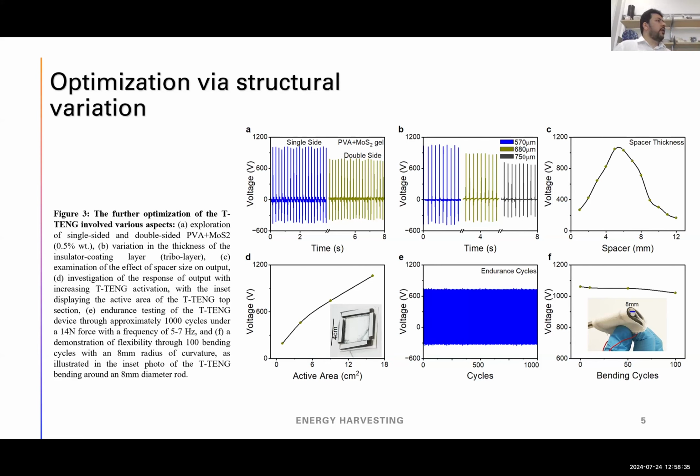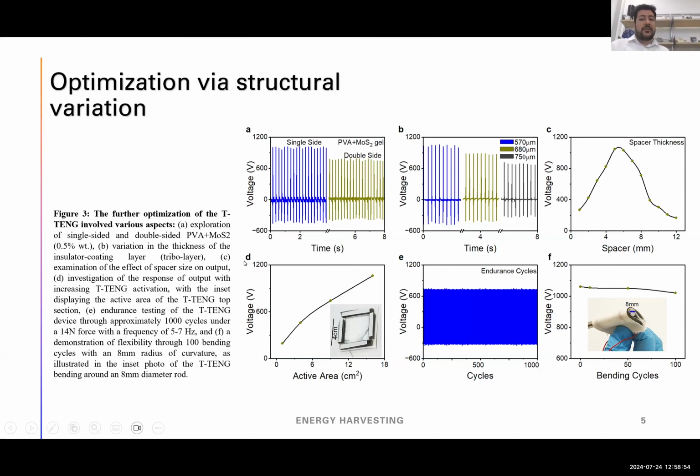What happens if we increase the thickness of the triboelectric layer? Kapton tape is fixed, we cannot change it, but the insulator paste is a screen printable material, so I used 3 passes, starting from a single pass, then second pass and third pass.